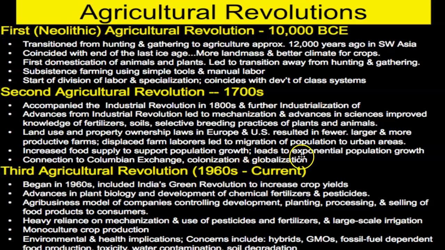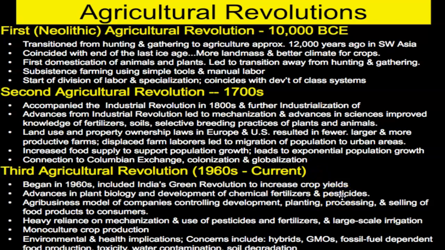We also see increased food supply supporting population growth. This led to the exponential population growth that we do see continue to happen. And then there's a connection to the Columbian Exchange, colonization, and globalization here.